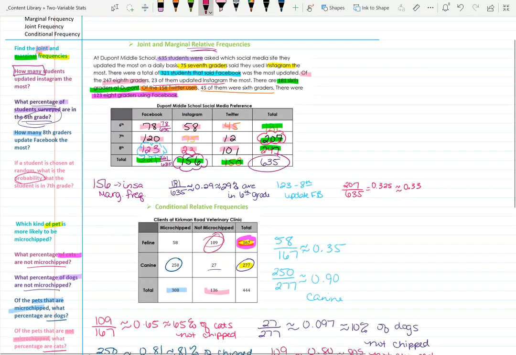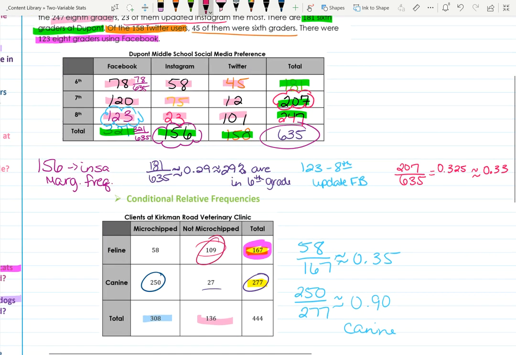So hopefully the biggest takeaway from this, when you are looking at two-way frequency tables, when they are asking you questions, make sure you're paying attention to who it is relative to. Is it relative to a specific category? If it's relative to a specific category, then it is a conditional relative frequency.